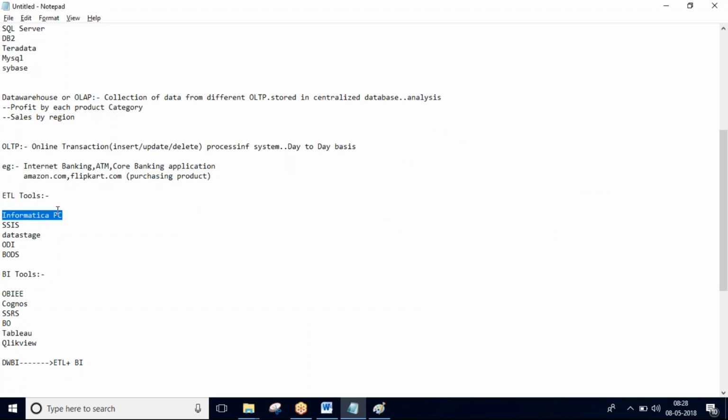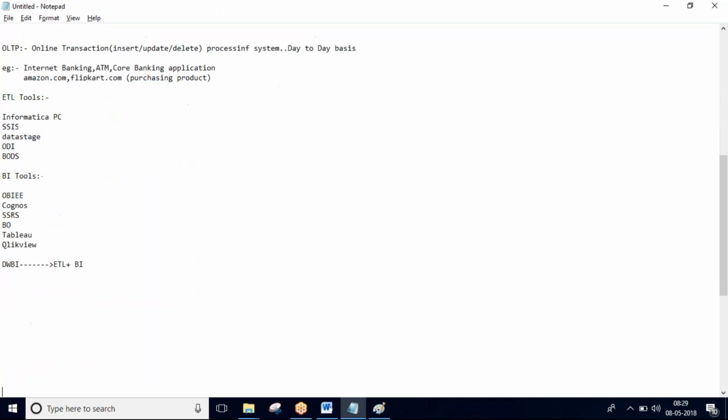See, these ETL tools are not only used for building the data warehouse, they are also used in some cases for data migration projects. So what do you mean by data migration? Let me give you a simple example. Suppose you're using a Siebel application or a Siebel CRM, which is used to manage your marketing activities and track your leads, contacts, accounts, and opportunities and everything.